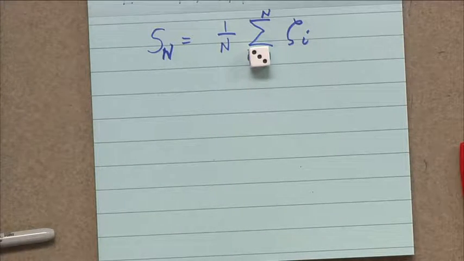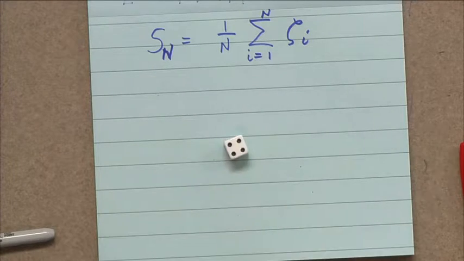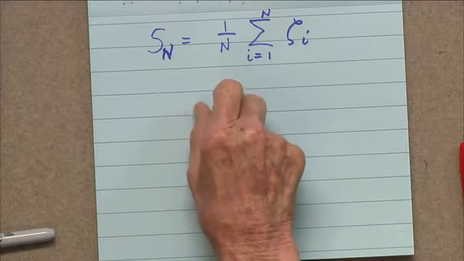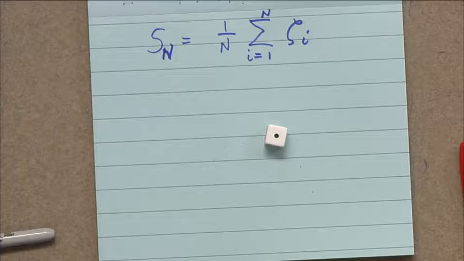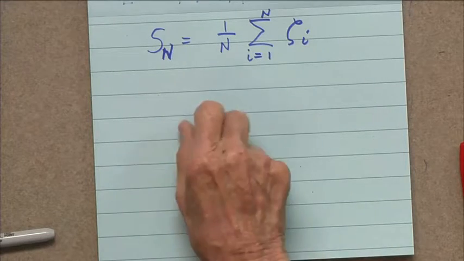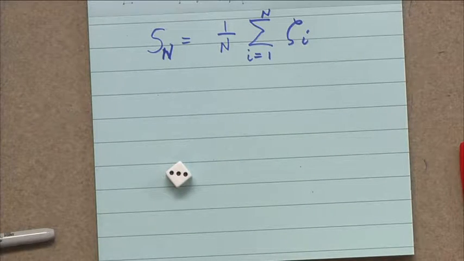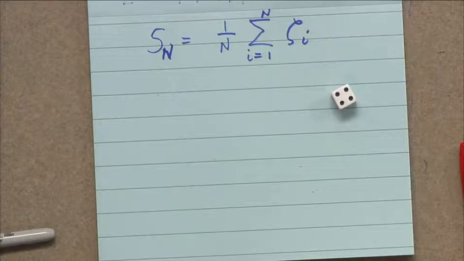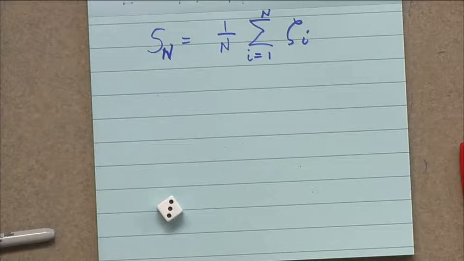If we throw 4, 5, or 6, then zeta is 0. 1 plus 0 plus 1, 2, 3, 4, 5, 6, 7, 8, 9, 10, 11.